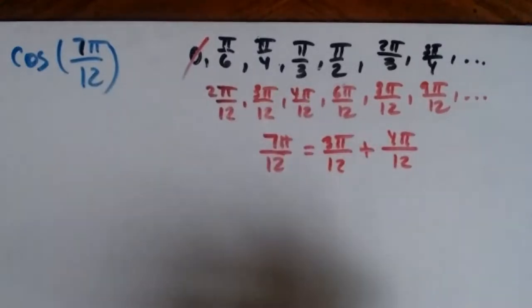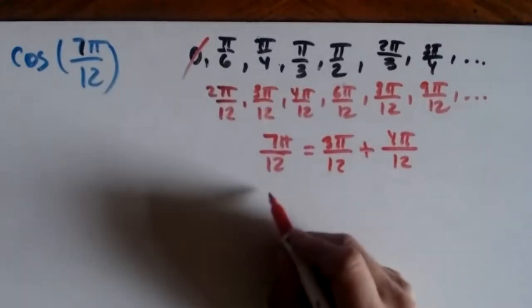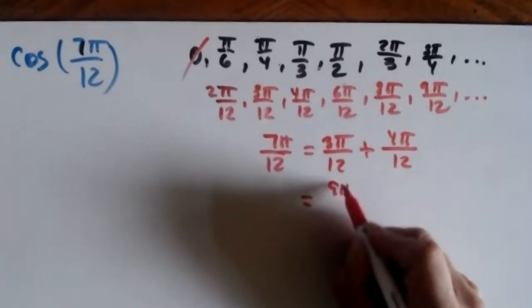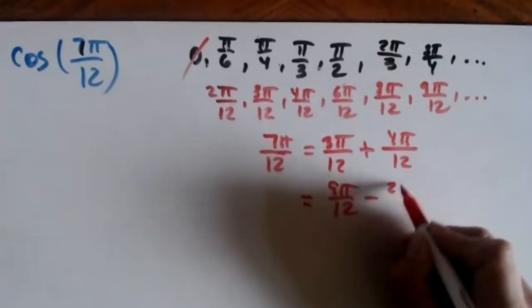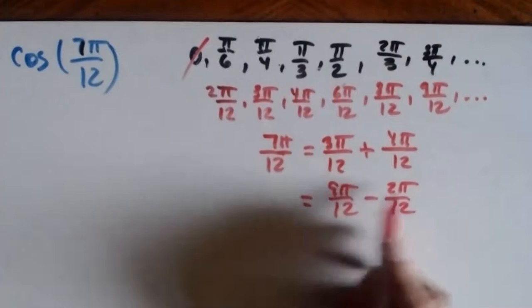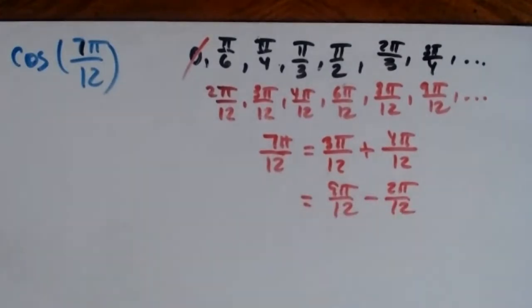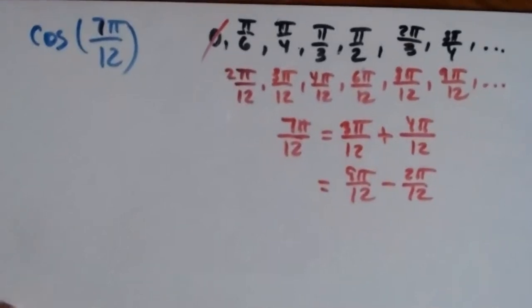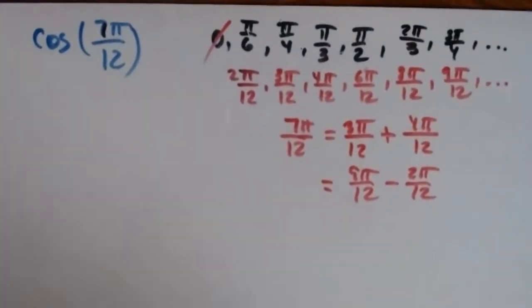Is that the only way? No, because you can also take 9 pi over 12 minus 2 pi over 12. 9 minus 2 is 7. So you can use any of them. Now, which one do you want to use? Plus or minus?